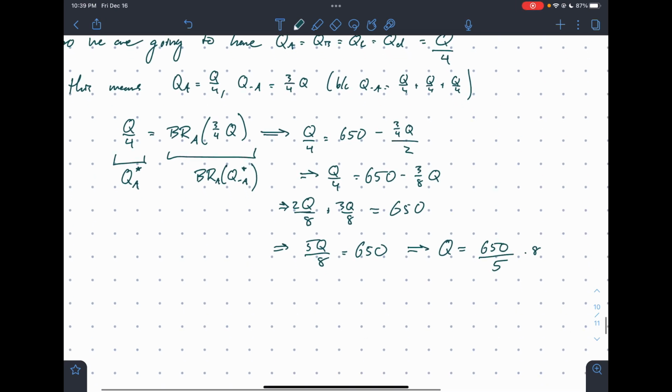Now 650 divided by 5 is 130. So it's going to be 130 times 8. That's going to be 800 plus 240, so it's, I think, 1040.